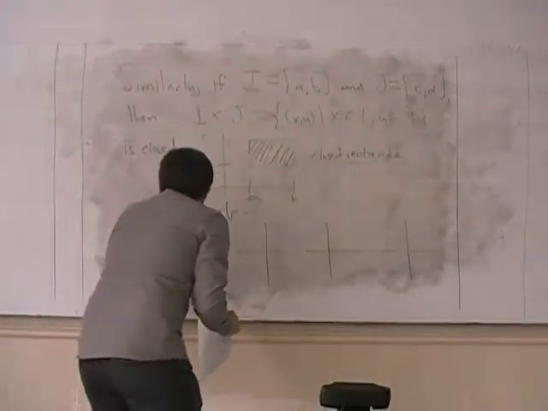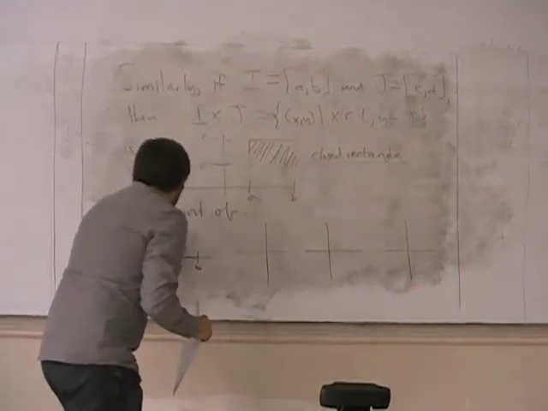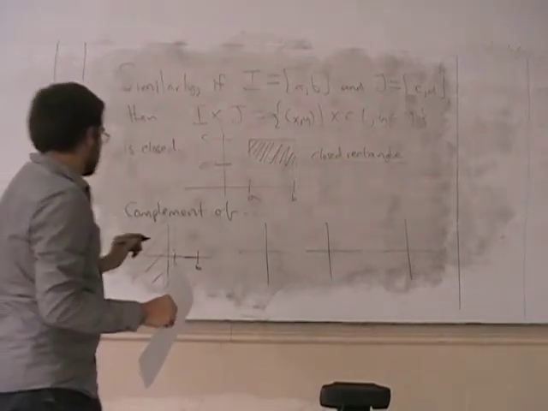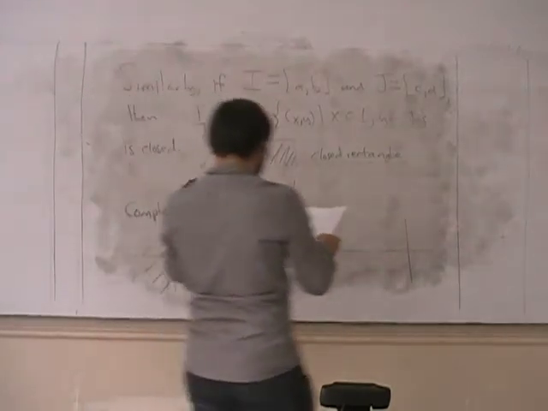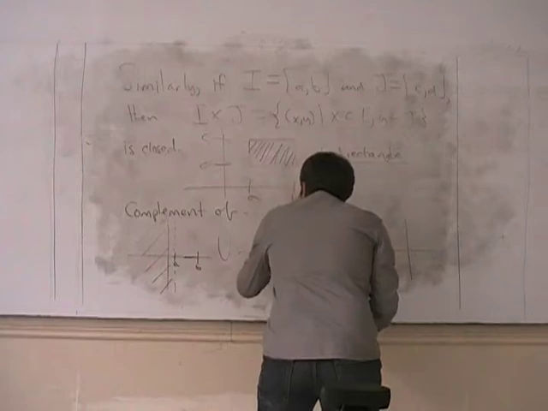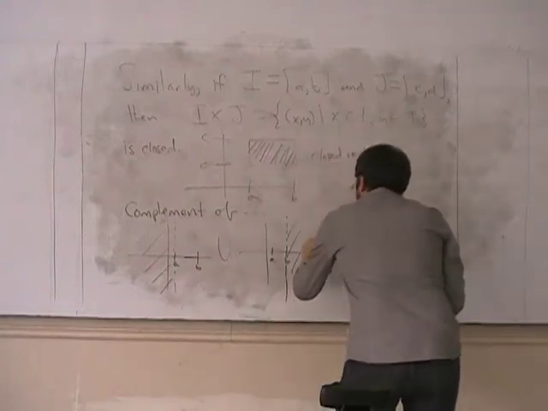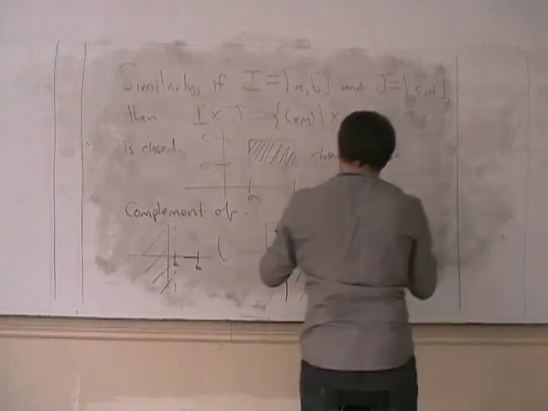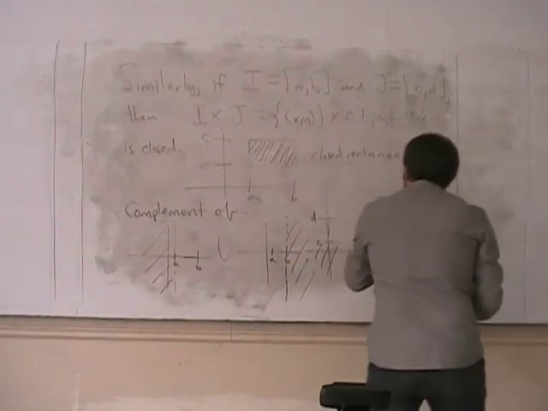So if I have A, B here, this open set, you can take the union of that with the union of this, I have C, D. Now we can take this.